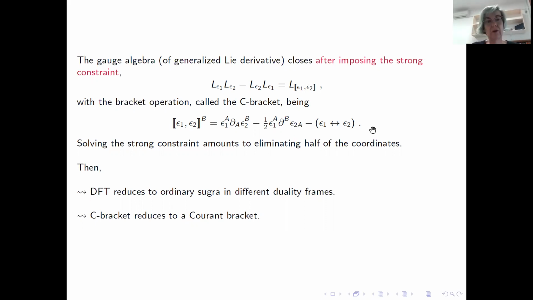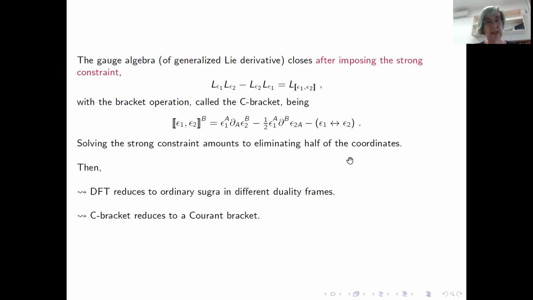However, what happens is that when solving the strong constraint, you impose certain constraints on your fields, also on all the fields in the theory, including your vectors here, which generate the gauge transformation. In essence, it amounts to eliminating half of the coordinates you introduced to be double.